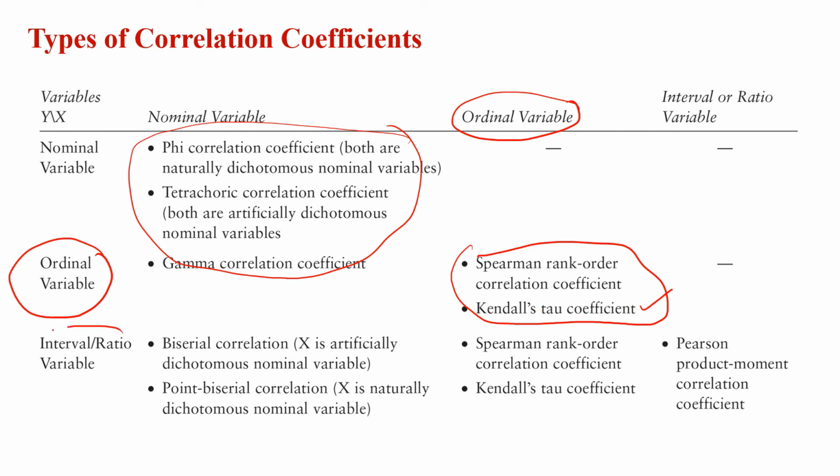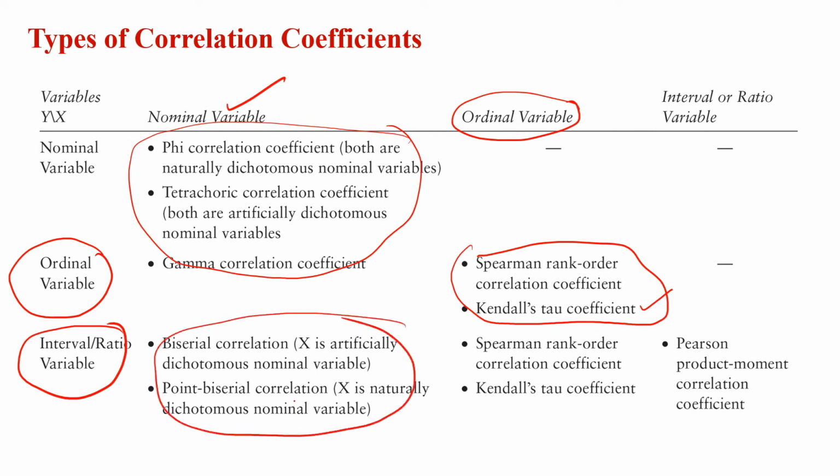Whereas if one of the variables is interval or ratio scale, or you can say continuous, whereas the other one is nominal, then over there we should apply the biserial or point biserial. But if the nominal scale variable, which is also known as the dichotomous variable, is artificially dichotomous, then we can apply biserial. Whereas if it is naturally dichotomous, then we should apply the point biserial.